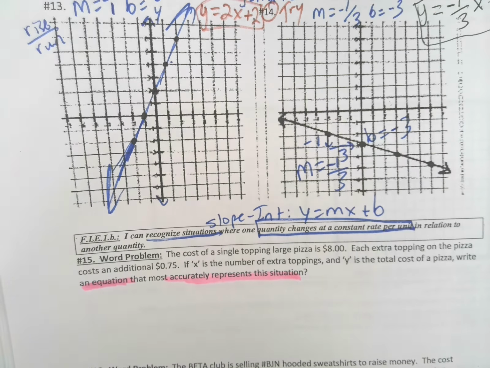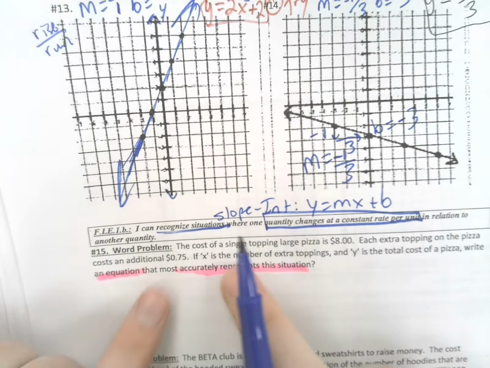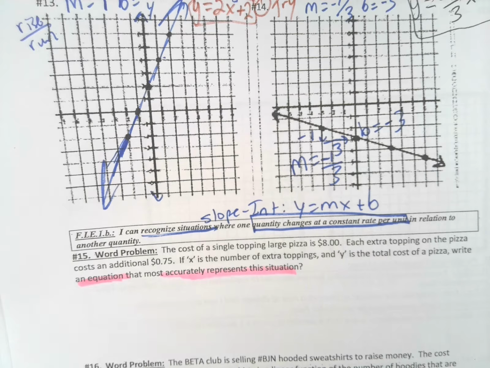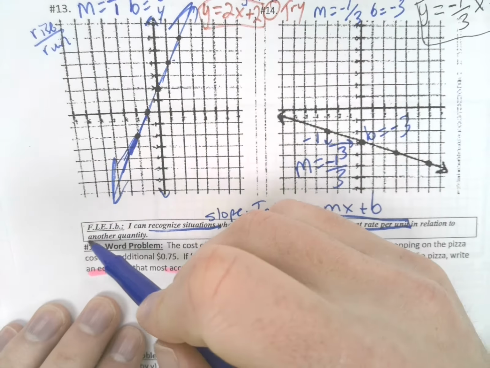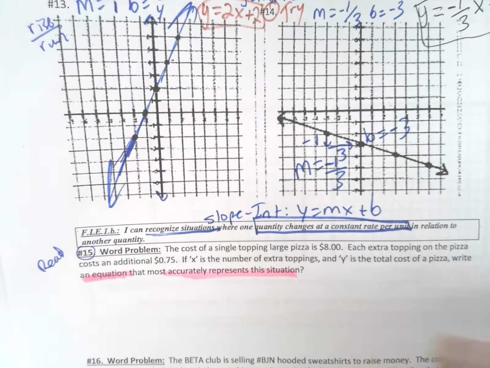So let's be thinking about y equals mx plus b, and I'm going to give you guys a chance. Go ahead and read over number 15 for me, please. Let's just read it. Let's see what you guys pick up from this.